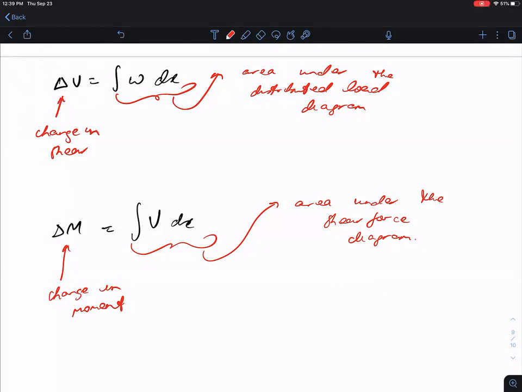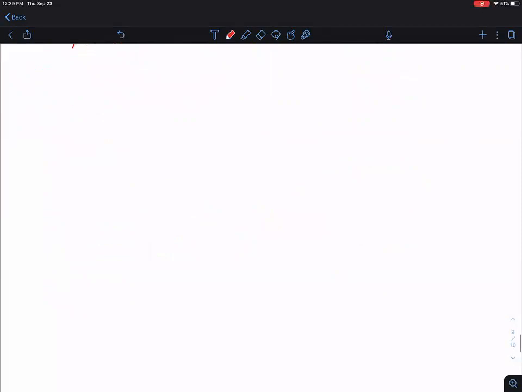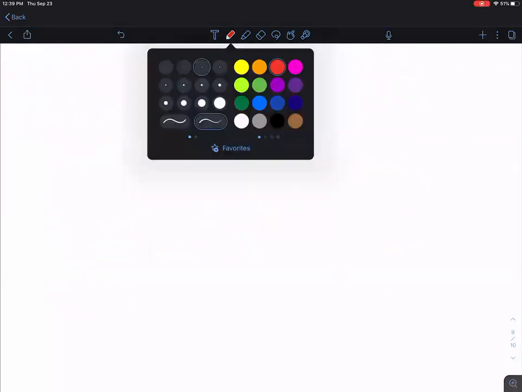To consider these cases, we will take a look at a free body diagram for a differential element that has a concentrated load or a concentrated moment. Let's start with the concentrated load case. Again, the length of this differential element is delta x.